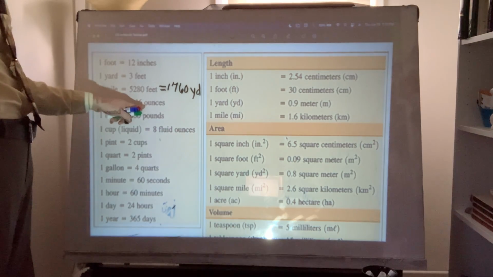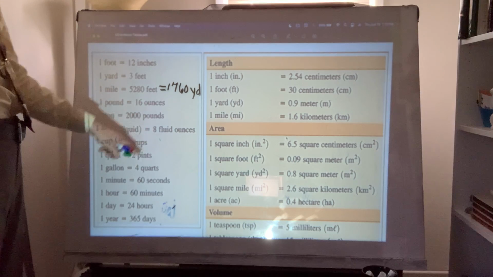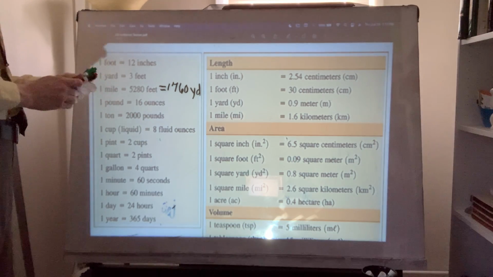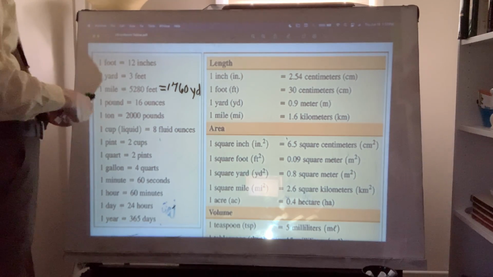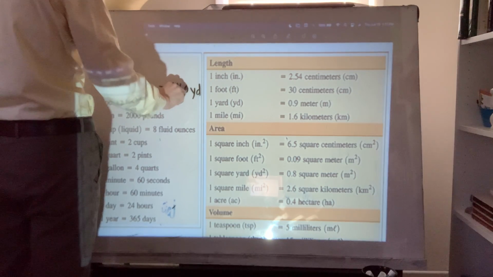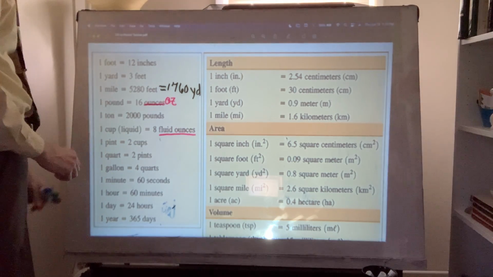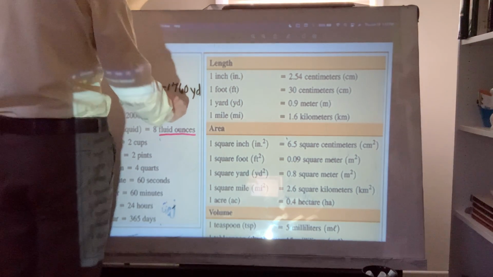1 pound is 16 ounces, right? Which is not to be confused with fluid ounces. It is unfortunate that these have a similar name and even a similar abbreviation, OZ. But these are fluid ounces, and this is for the purposes of weight.